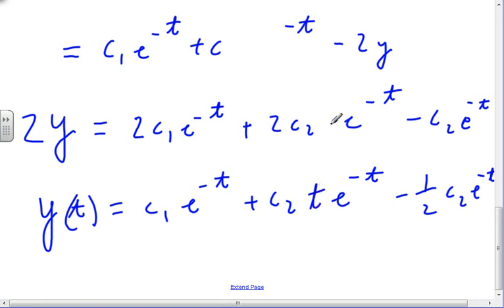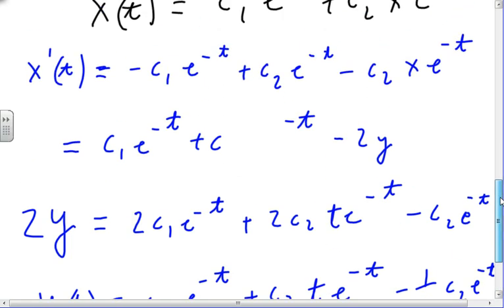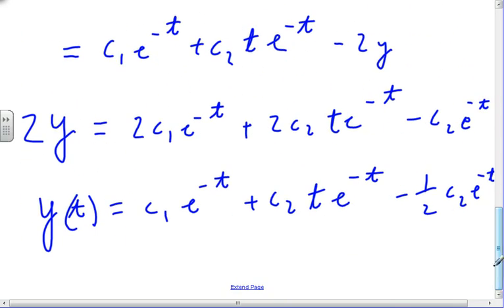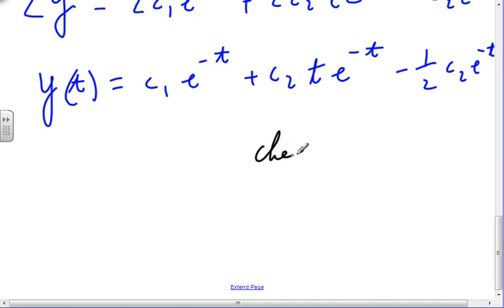So there's a t there, a t there. c2 t e to the minus t. This is a t variable there and there. T. How did I miss that anyway? T. Okay. Excellent. Check by backup book.